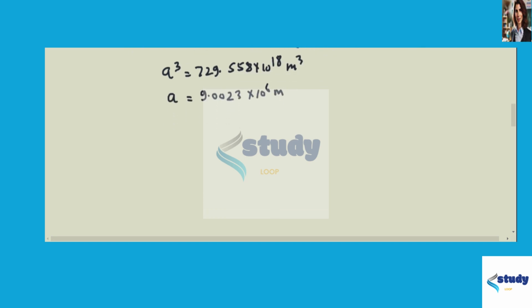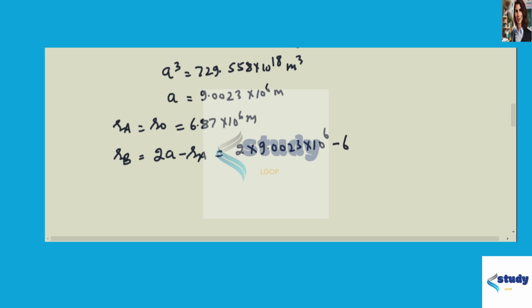Ra is equal to r naught. So Rv is equal to 2a minus Ra. So Rv we will get 11.1346.